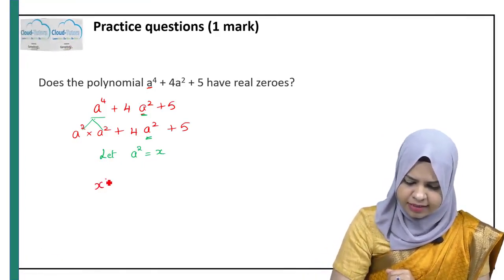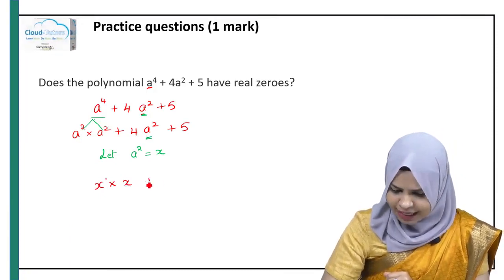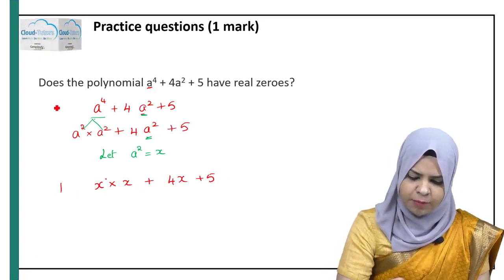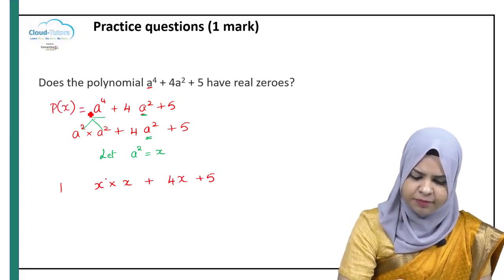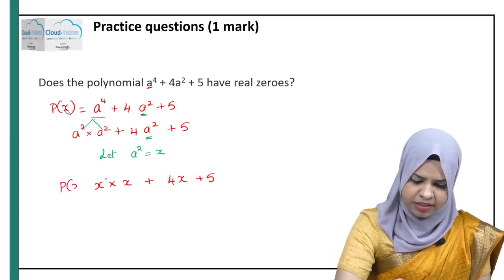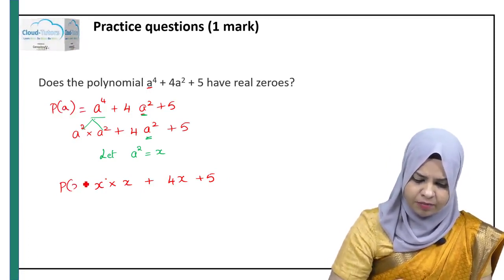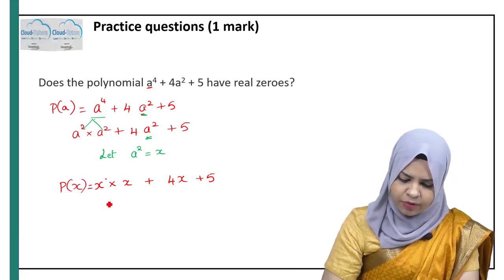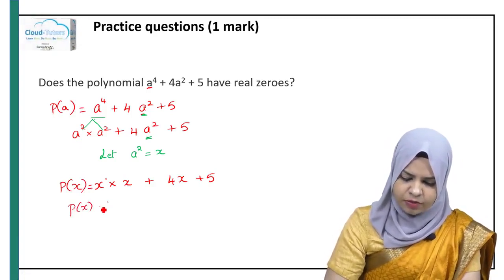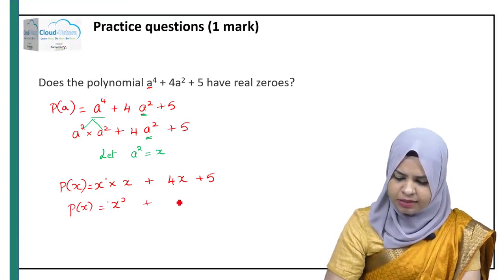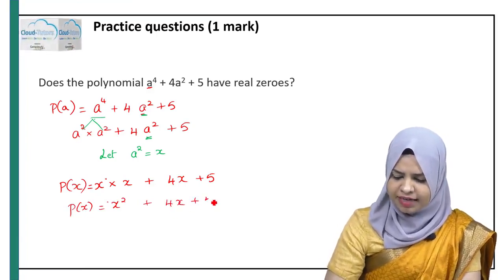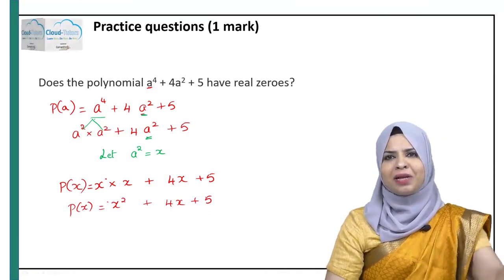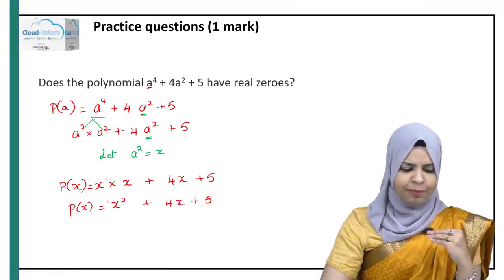It becomes x into x plus 4x plus 5. Now this is a polynomial, right? If this is p of a, then p of x is equal to x square plus 4x plus 5. Now it is in our way, wherein we learned the variable x. Now the question has become simplified.